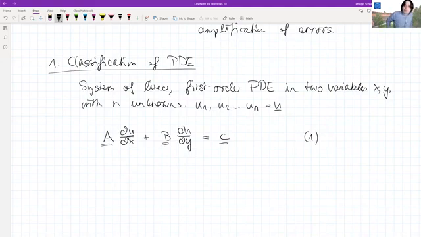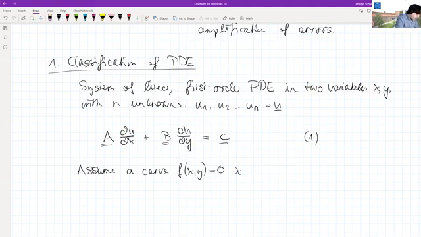Now I would like to determine the type of this equation. And now in order to do that, I do the following. Assume a curve in x and y. I can say that this curve can be written like this, f of x and y being 0. So in the x and y plane, with a specific parameterization s.